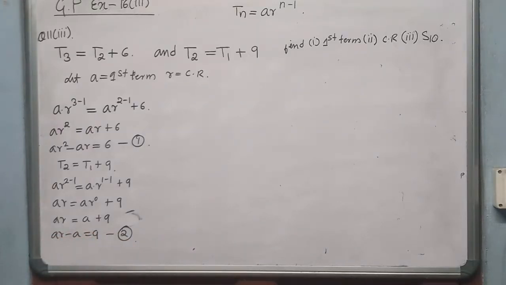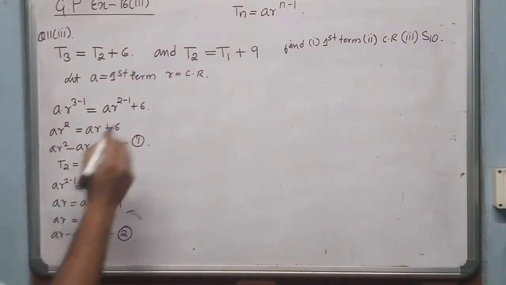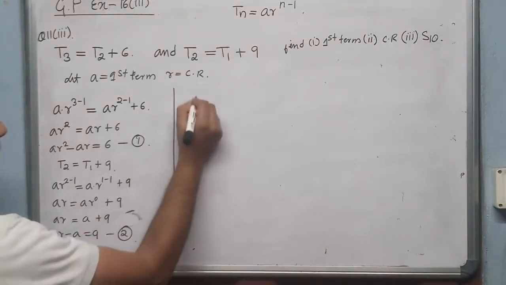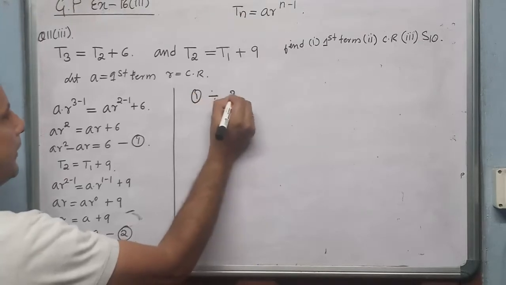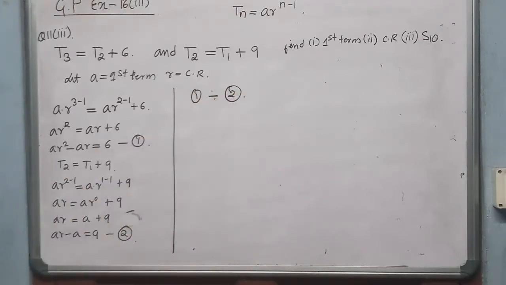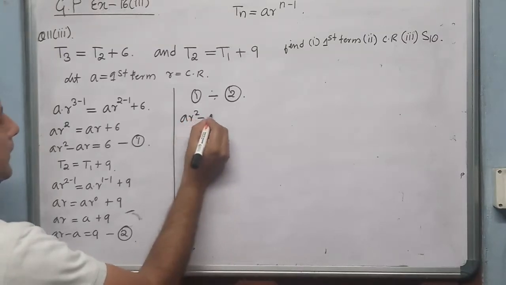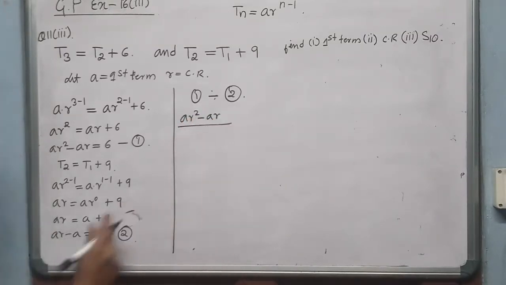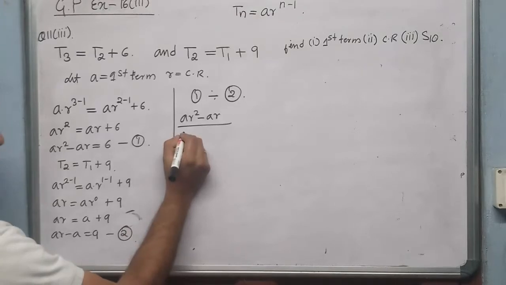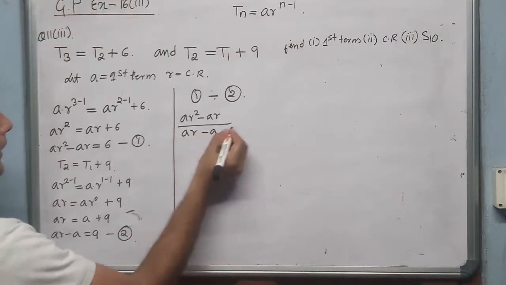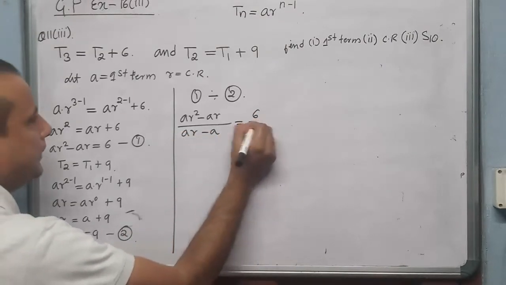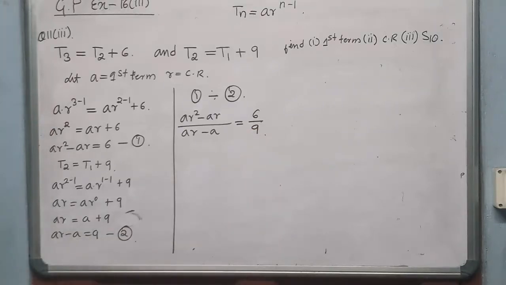Now from these two relations, equation 1 and 2, you are going to calculate the values of A and r. What I'll do is divide equation 1 by equation 2. Equation 1 is A r square minus A r, divided by A r minus A, is equal to 6 divided by 9.